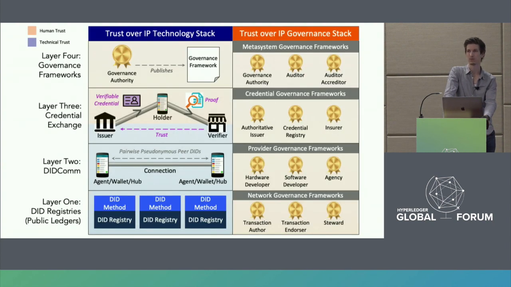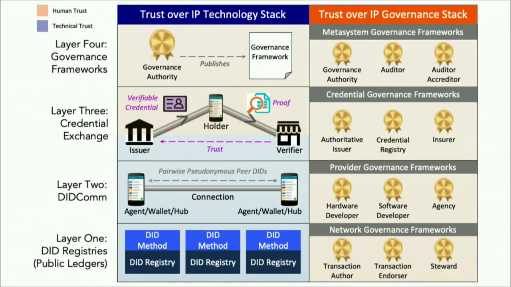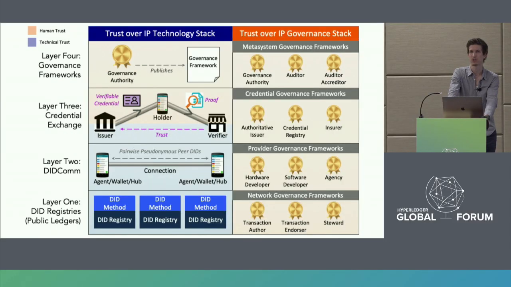There is a term, Trust over IP. On the right you can see some DIDs and verifiable credentials, but these are related to technology. So we have technology for trust, but we still need something from the real world, related to legal matters.